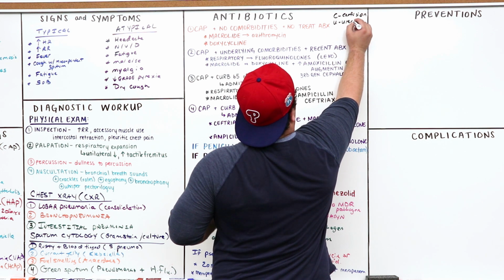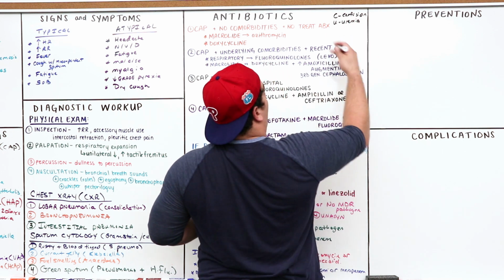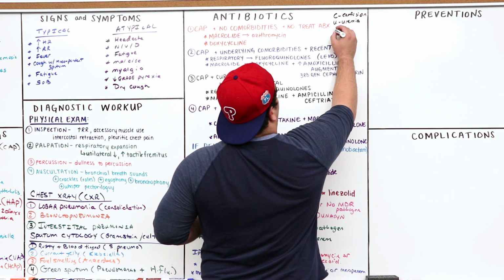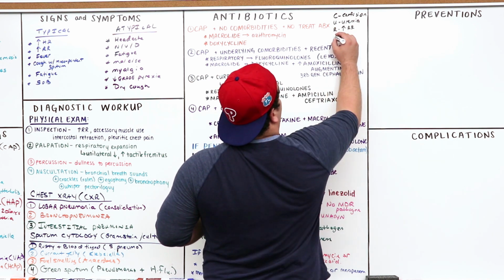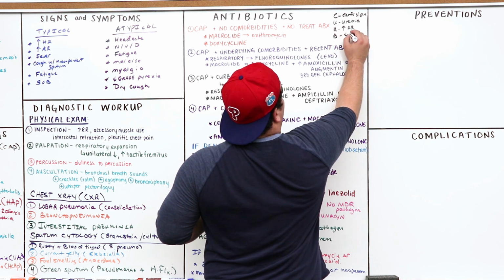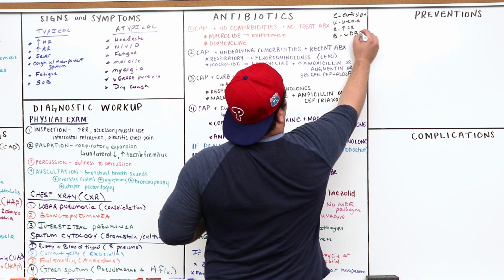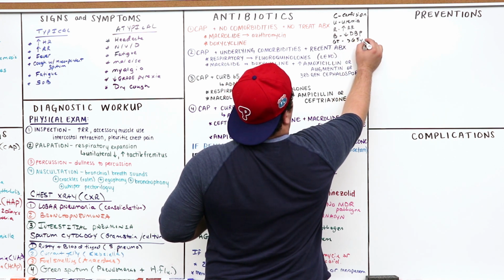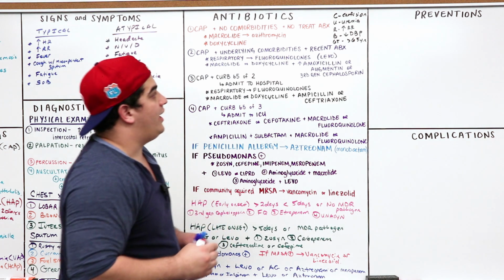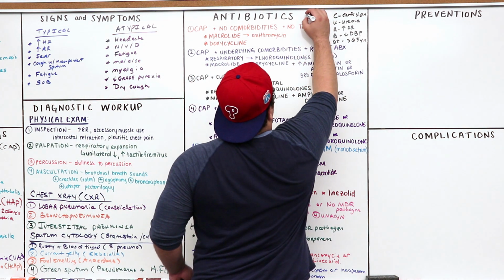U for uremia, high levels of urea in the blood. R for increased respiratory rate, B for decreased diastolic blood pressure, and then 65 in patients greater than 65 years old. These are all things according to the CURB-65 score.